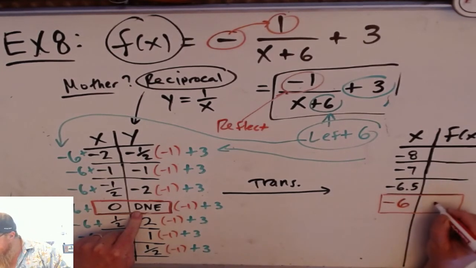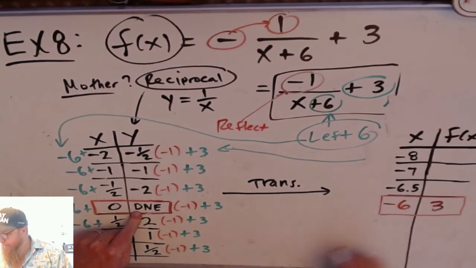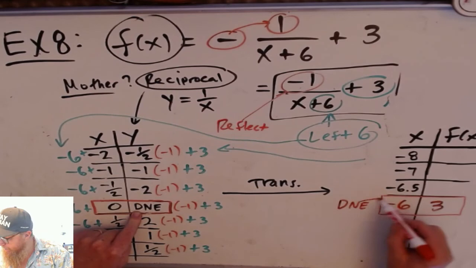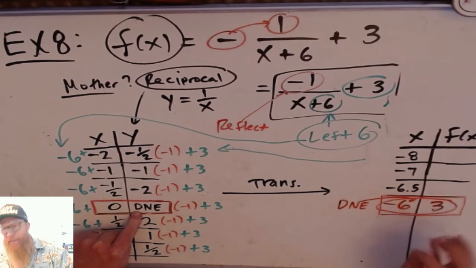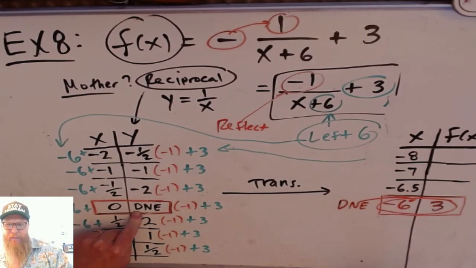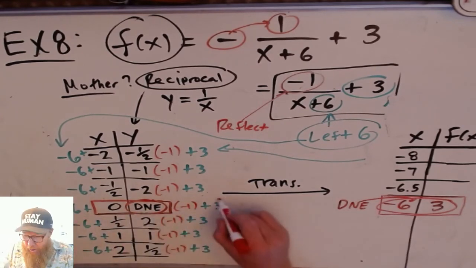So that would be plus 3. Okay. Now make sure that you realize that this is your DNE row. That's why I wrote them in red. These points do not actually exist. The DNE actually applies to this whole row here.